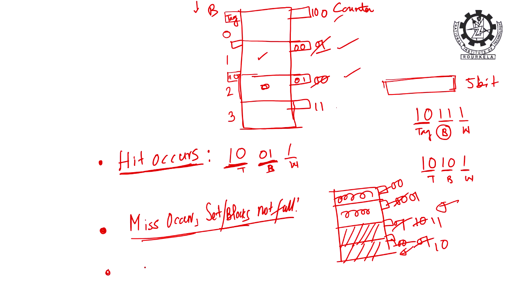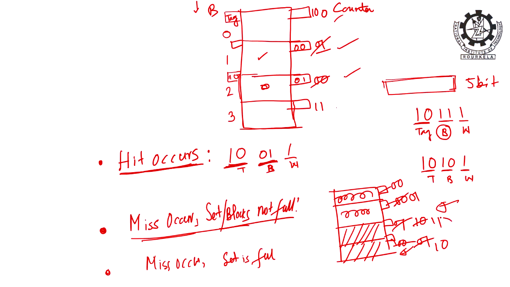Now, let us say the scenario when a miss occurs but the set is full, that means there is no space. Then what do you have to do? You have to replace one block. Which block should you replace? The block with the highest counter value should be replaced. The highest counter value is this one, because this page was referred long before.